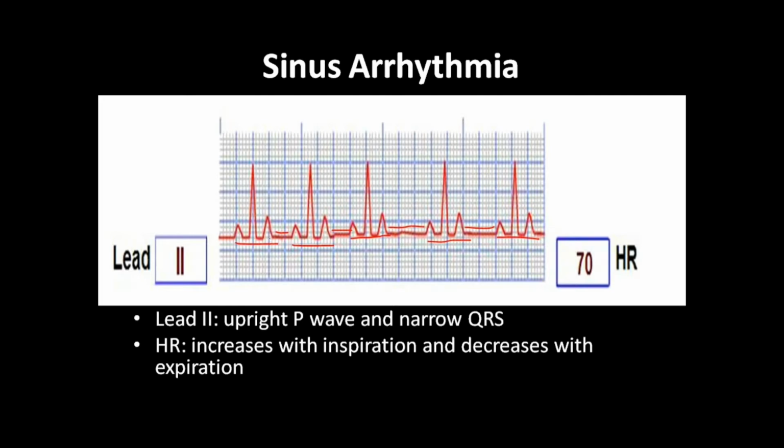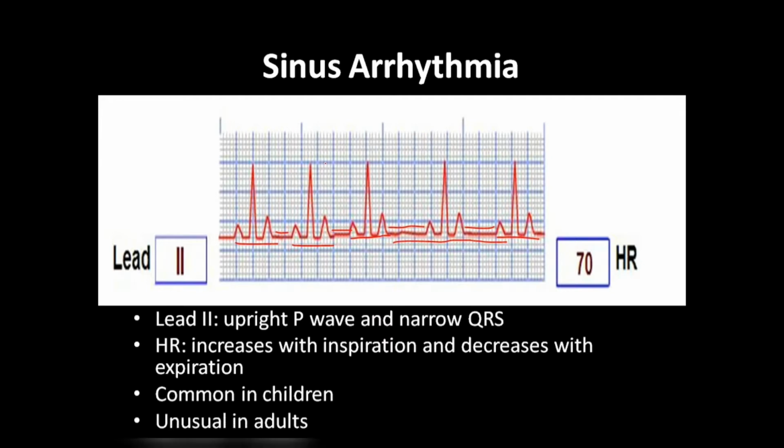As you can see, the heart rate here shows inspiration, whereas here it is decreasing, which shows expiration. It is very common in children, whereas in adults it is unusual. This kind of rhythm is called sinus arrhythmia. The heart rate will be lesser than 80 beats per minute.